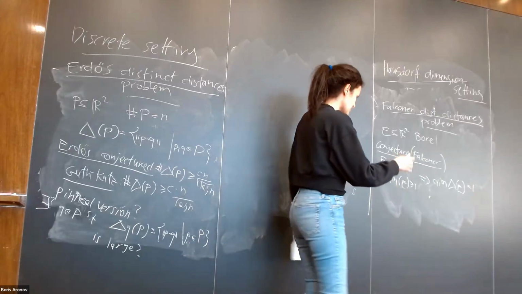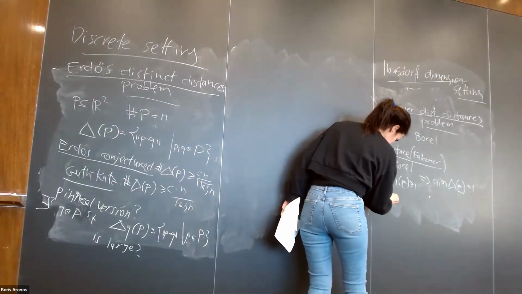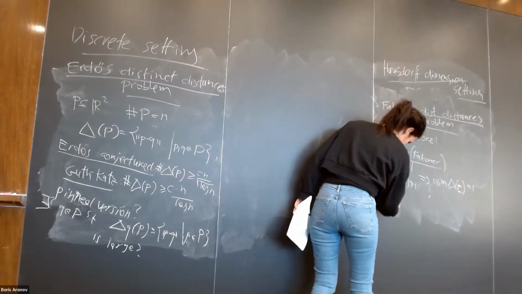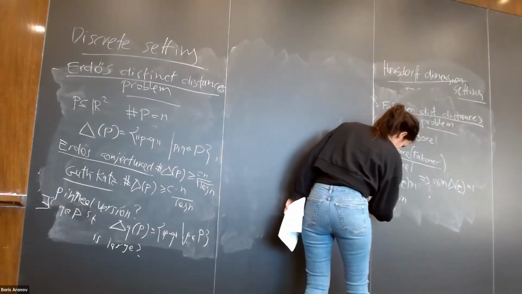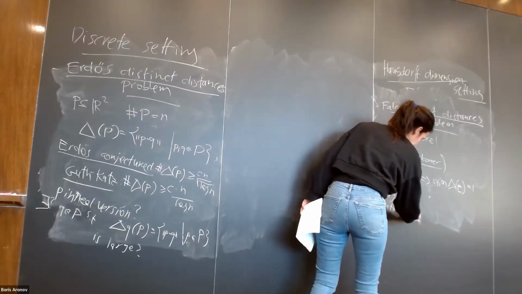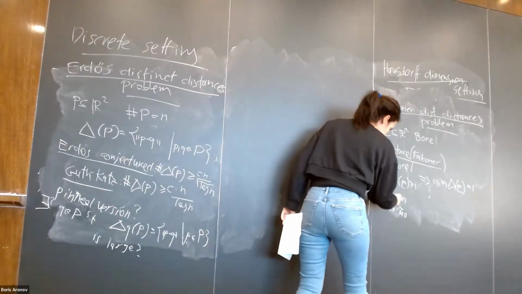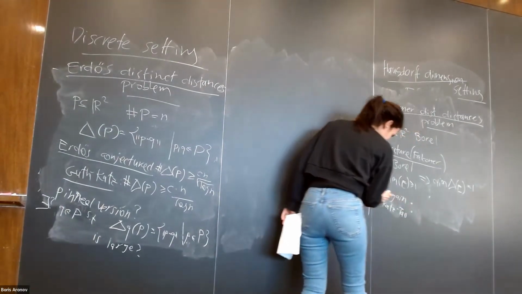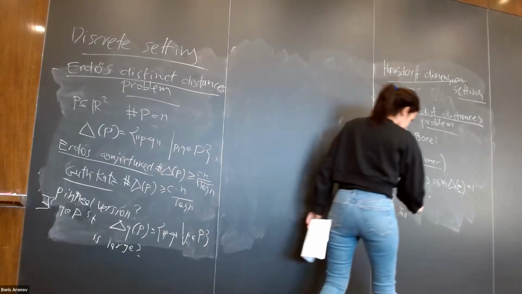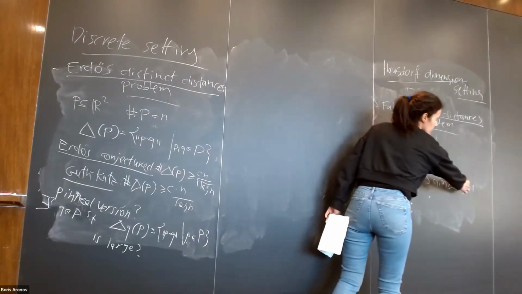And in 2003, Bourgain proved, using a reduction of pattern tau, that he improved the 1/2 here of Falconer.